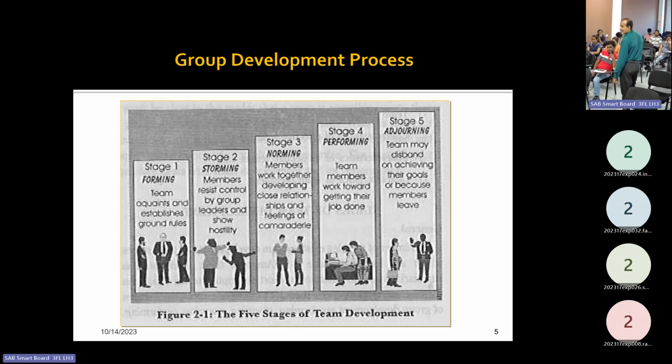Then some writers say the last stage, adjourning, is only applicable to temporary teams, not to permanent groups. In one way it is correct, but we see that adjourning does not mean the end of continuation. Even while continuing, members can go on with a new name.